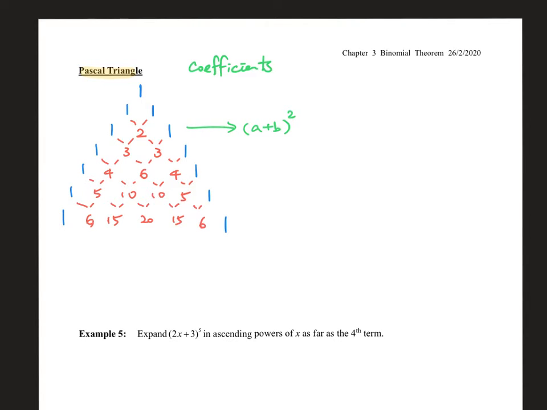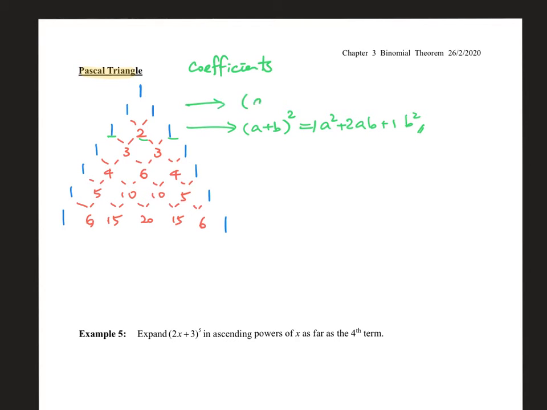Everyone knows the identity (a plus b) squared, that consists of a squared, ab, and b squared. But what's the coefficient of each variable? You will see it is 1a squared, 2ab, and 1b squared. This is the identity you've got in junior form.